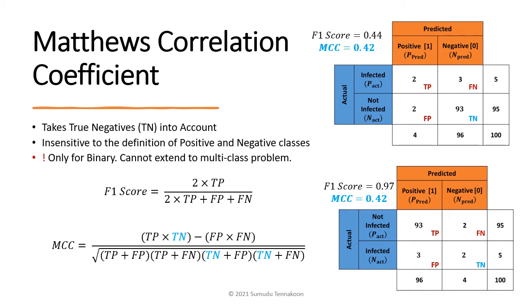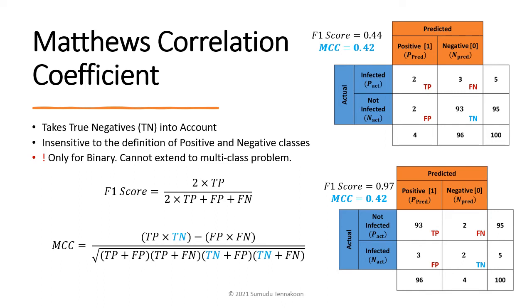MCC takes the true negatives into account when computing the value. As you see in this equation, it is a combination of all four terms in the confusion matrix. Unfortunately, it is only available for binary classifiers. It cannot extend to multi-class problems.